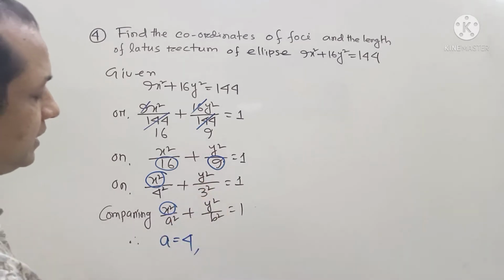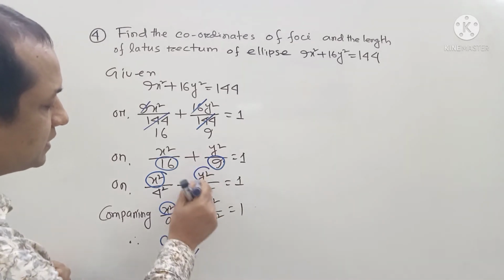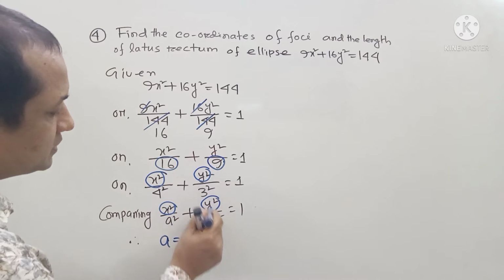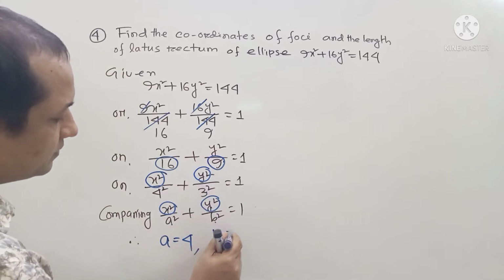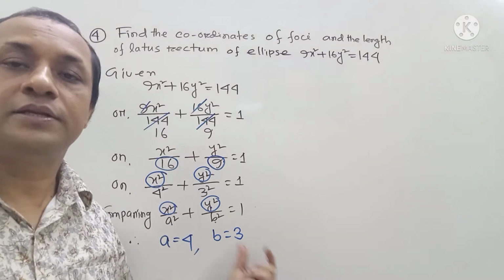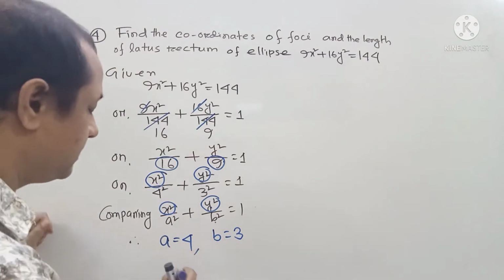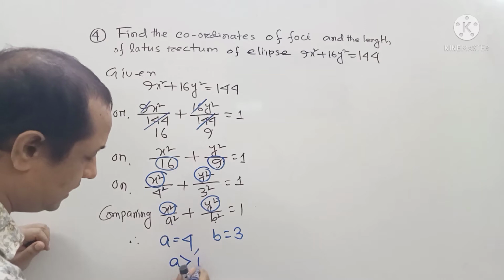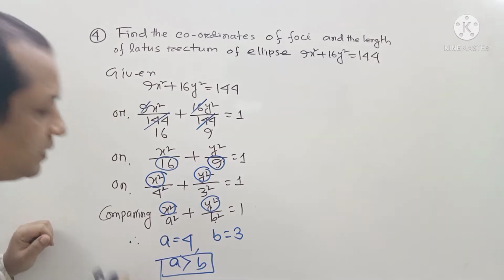And y square is the same, so b square equals 3 square, then b equals 3. Here 4 is greater than 3, so we have a greater than b.